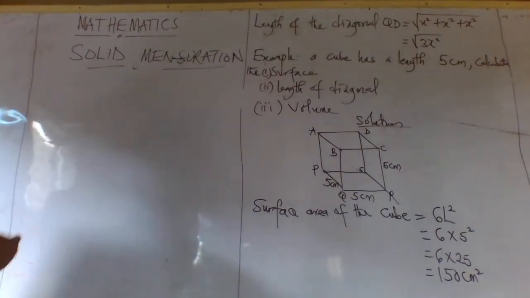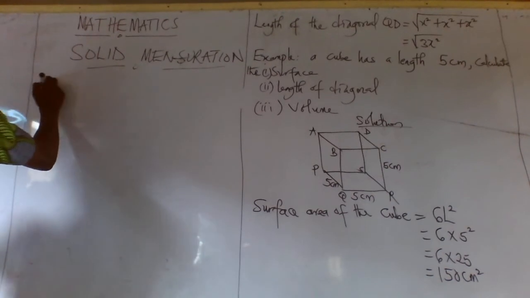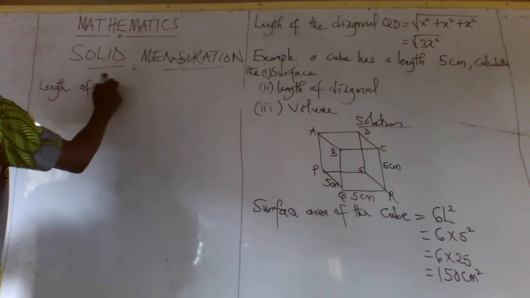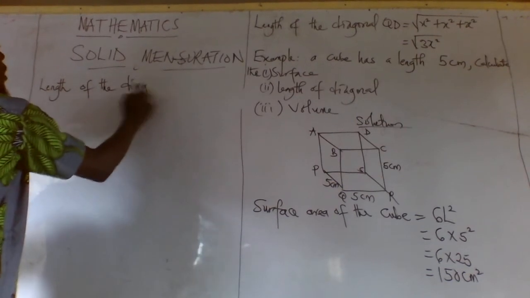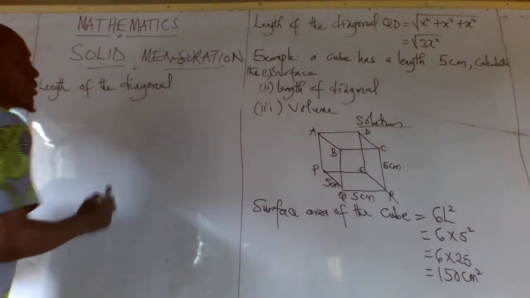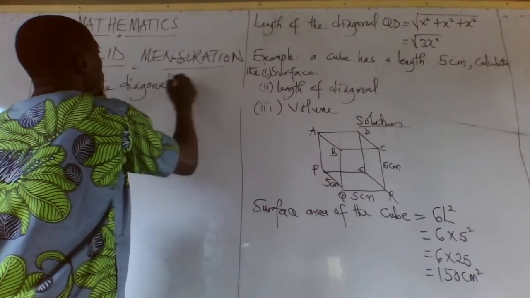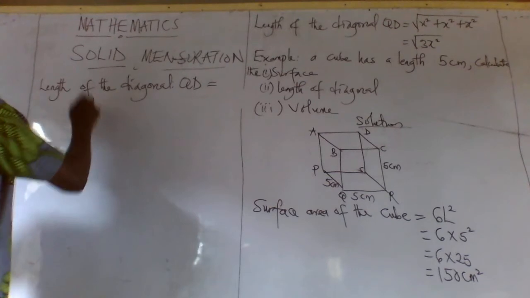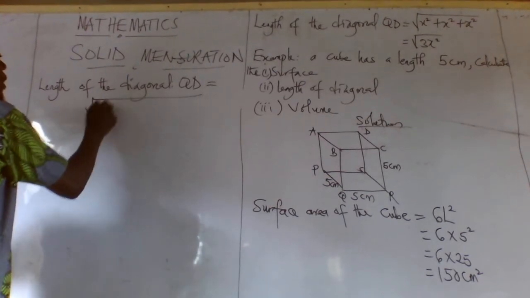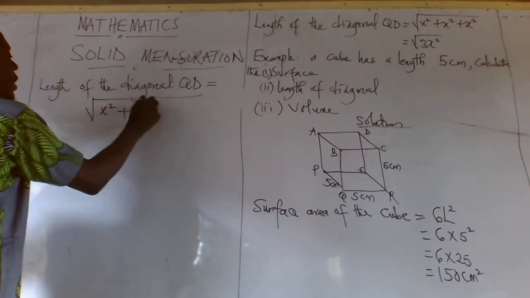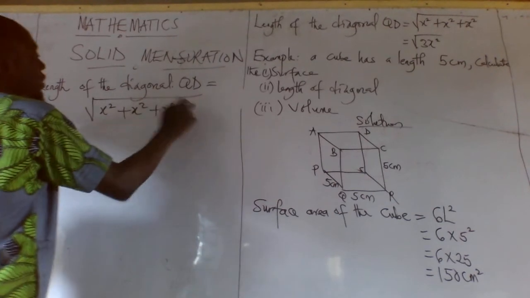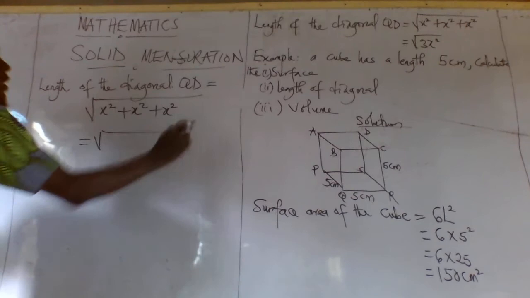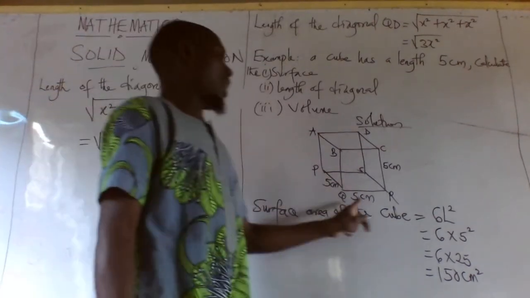So here we have the length of the diagonal QD equals the square root of x squared plus x squared plus x squared, as explained earlier, equals the square root of, this is x, 5, 5, 5.